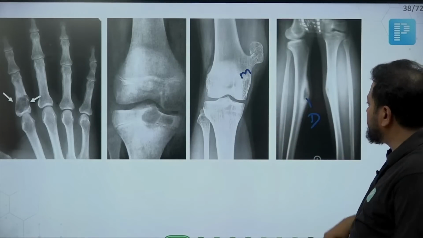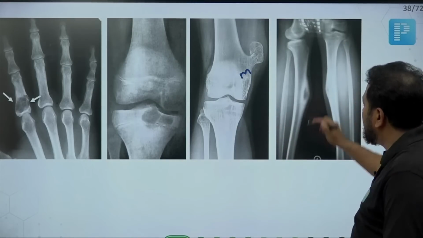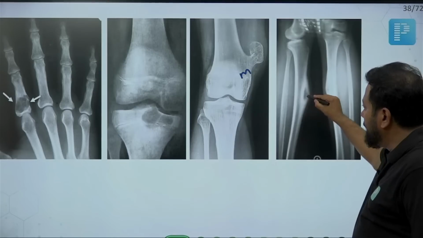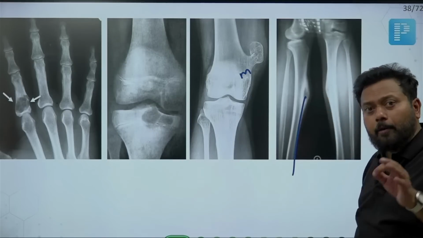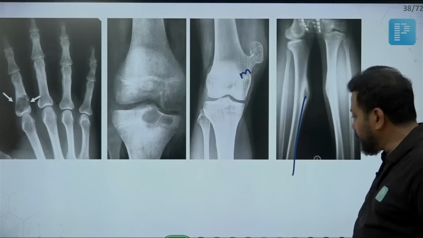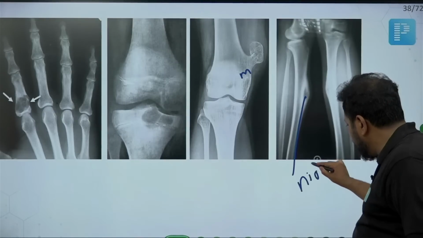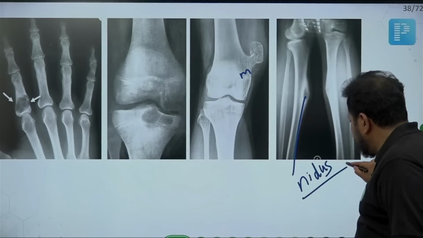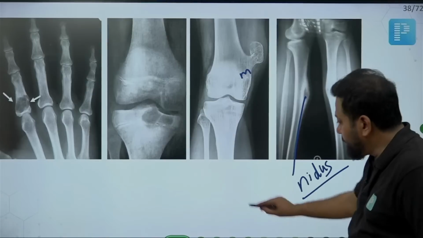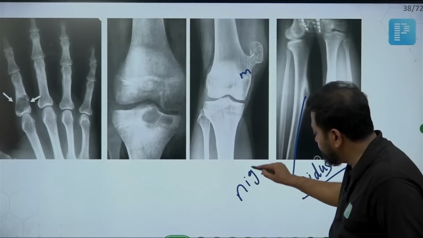Then osteoid osteoma happens in the diaphysis of the long bone, especially the tibia. The classical question they will ask you: the hallmark of osteoid osteoma is nidus. The classical presentation is night cries.